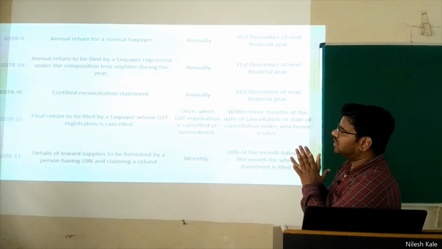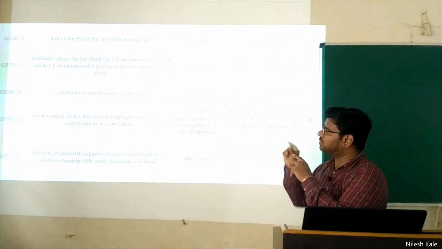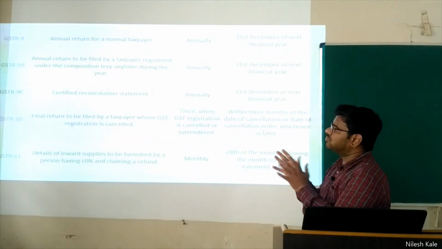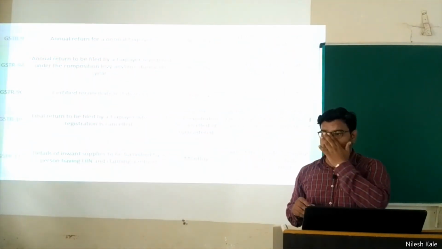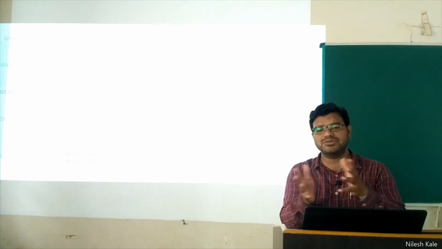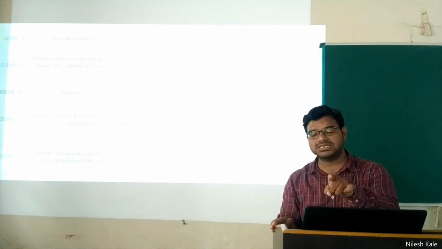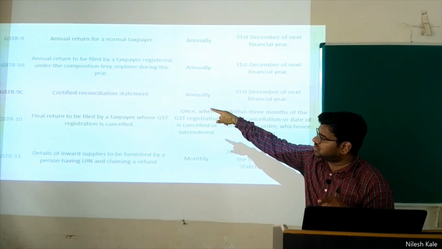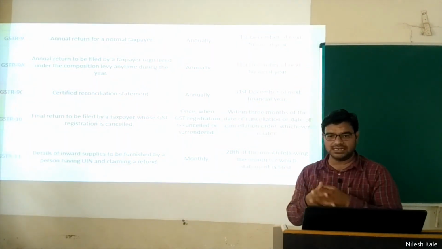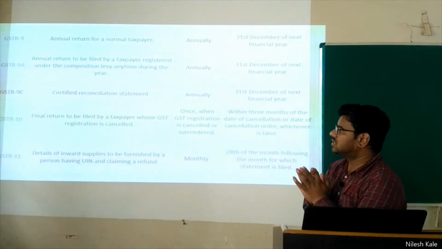Annual return to be filed by taxpayer who is registered under composition levy anytime during the year. See, if a person is opting for composition scheme anytime during the year, then for that person annual return is GSTR 9A. He has to file it annually, and 31st December of that year, that financial year, will be the last date.